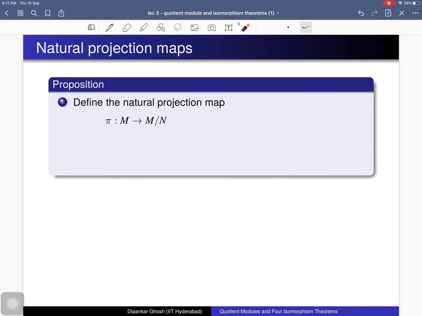Once we have this quotient module M mod N, then there is a natural map from this R module M to the R module M mod N. It is defined as follows. You consider an element x of M, then you can map it to its equivalence class, that is the coset represented by this element x.